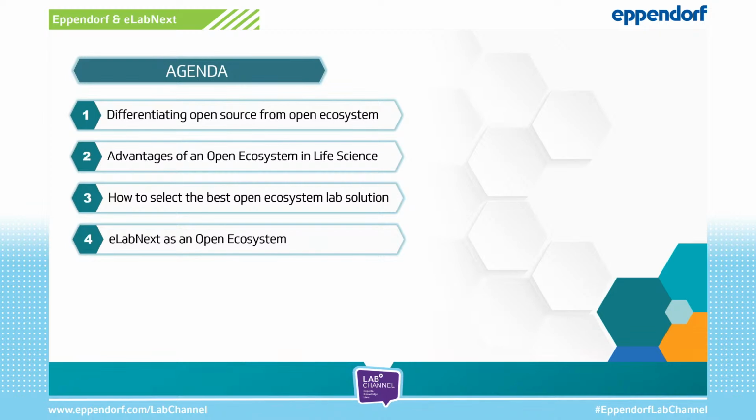Then we will continue to mention a couple of key characteristics that will help you select the best open ecosystem lab solution for you. And finally, I will introduce eLab Next as an open ecosystem, and we will talk a little bit about the different applications that we offer and what we as a service provider can offer your lab to help you digitalize your work in the lab as well. So we can get started.